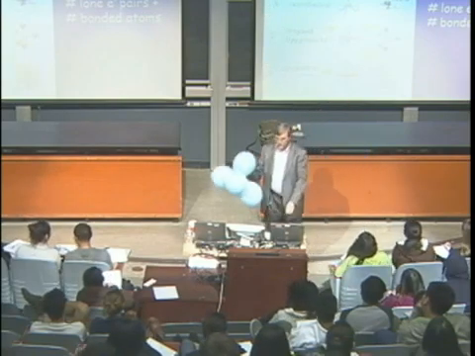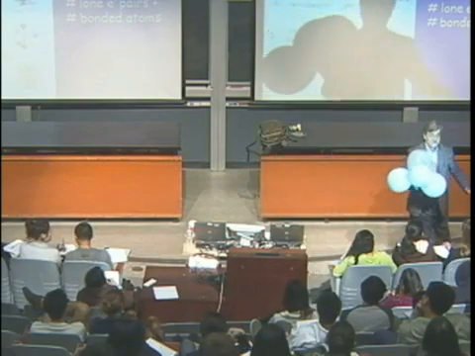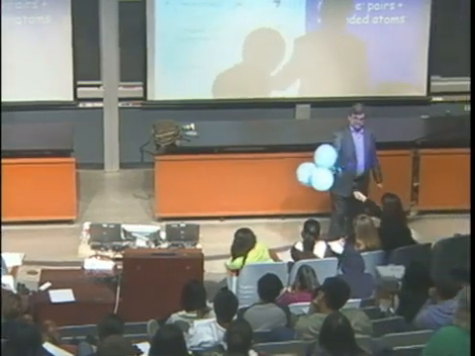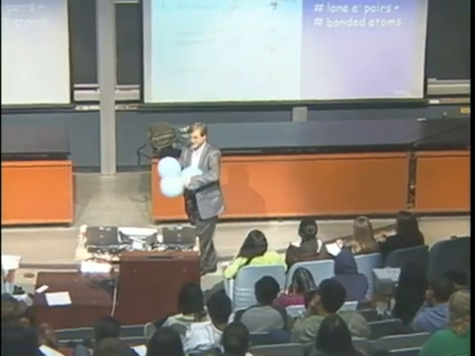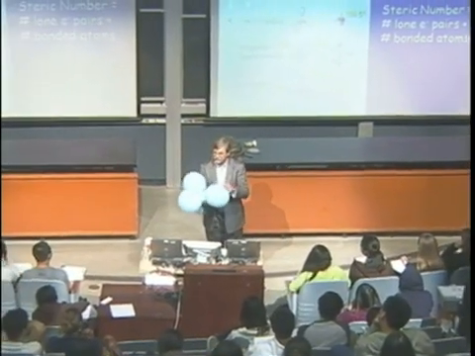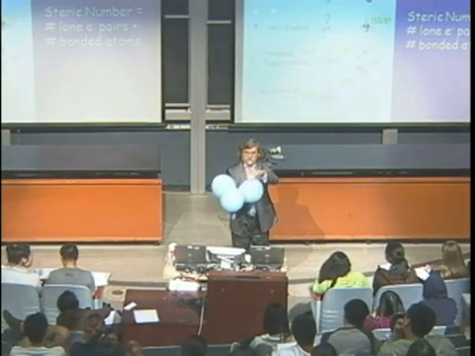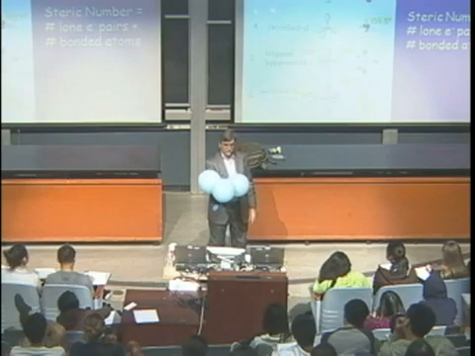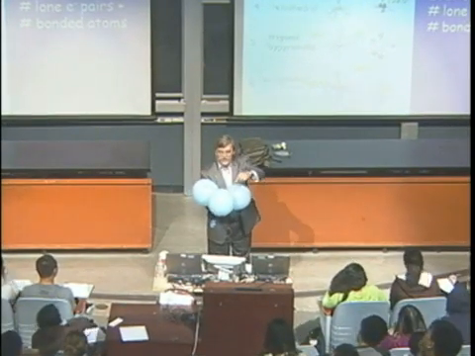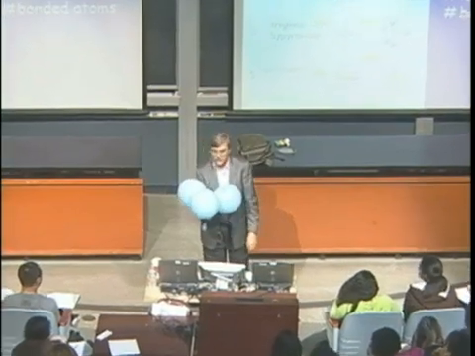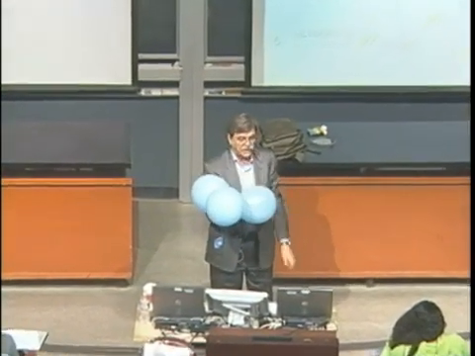Now let's do steric number 3. That's easy. That looks like a plane. See that? And this is trigonal planar. It's a trigonal plane. And so we now know what the angles between those are. Each of them is 120 degrees.